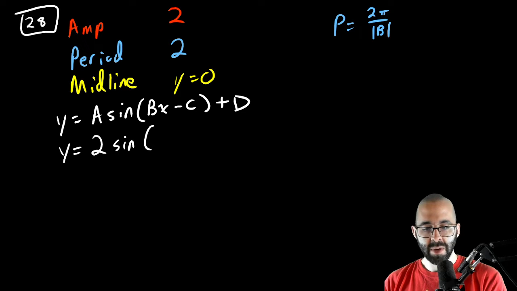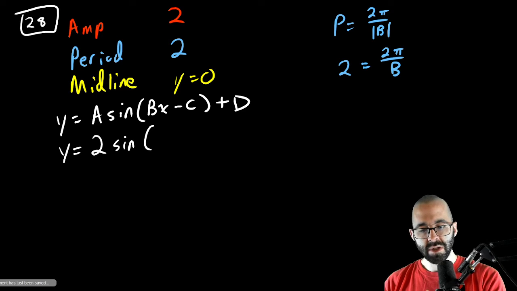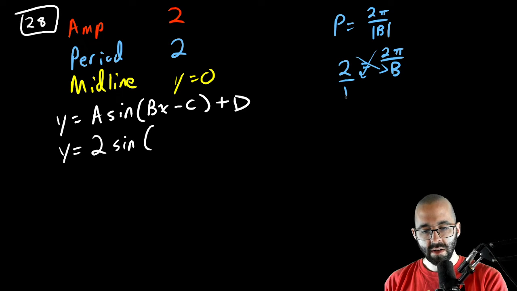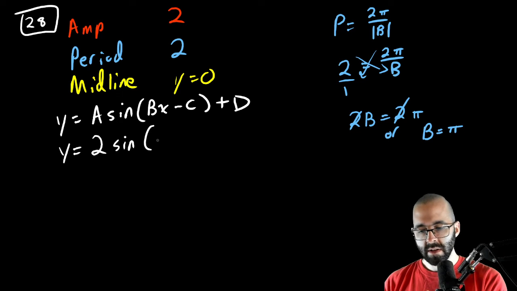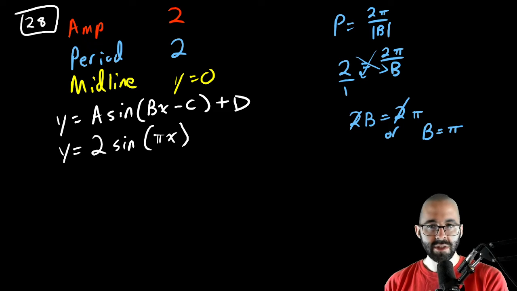And we can assume b is positive here. So 2 equals 2 pi divided by b. Cross multiply. 2 is 2 divided by 1. And we're going to get 2b equals 2 pi, or b equals pi. So we get the sine of pi x, there's no phase shift, plus d, which is 0.